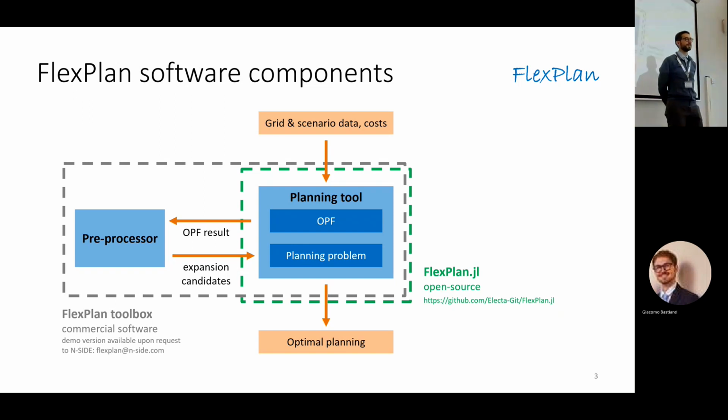Another question: do you consider the spatial distribution of the assets in the grid? Yeah, this is another problem. The topology of the grid is considered, so part of the result depends on the assets at that point.